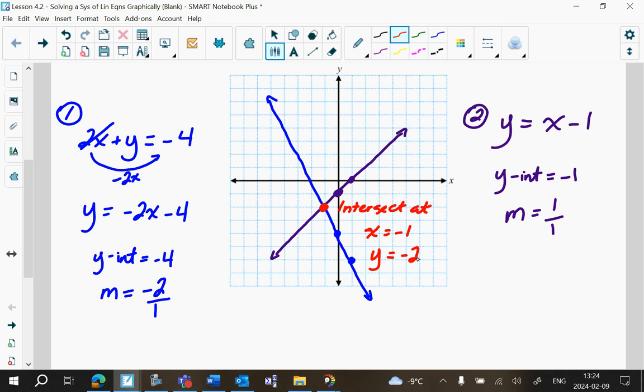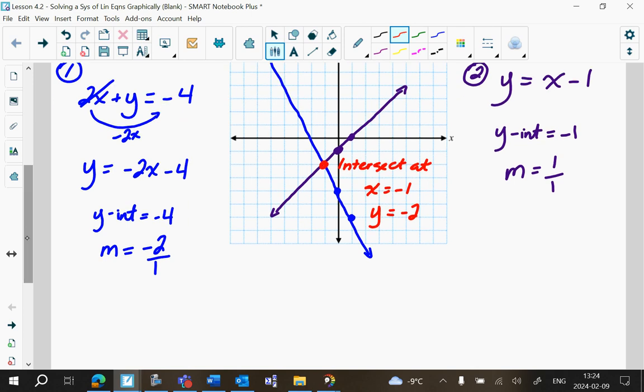Interestingly, if you were to put these two values into the two equations, you would see that the left side equals the right side, which means this is the solution to the system.